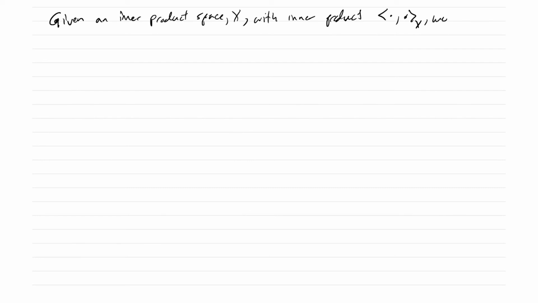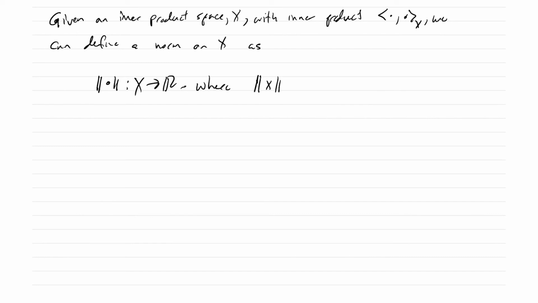We can define a norm on X as basically this function which maps X to, say, positive reals, where we let the norm of a vector X be equal to the square root of X inner product with itself.